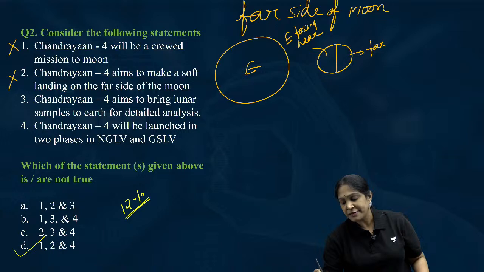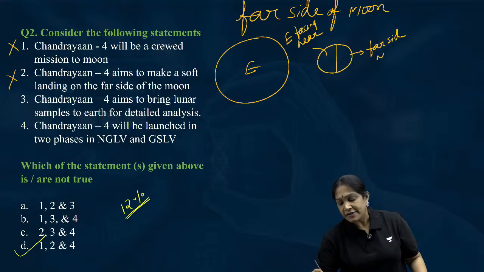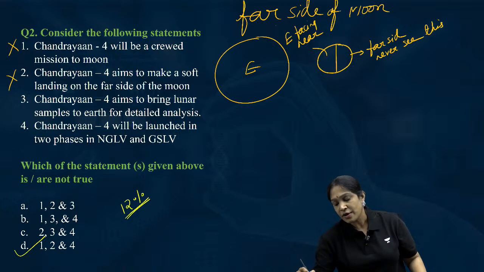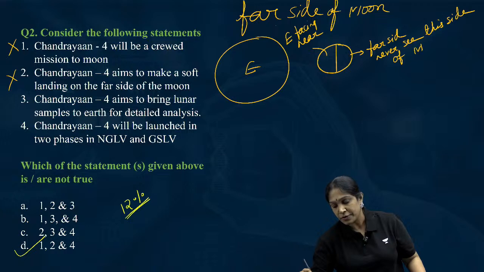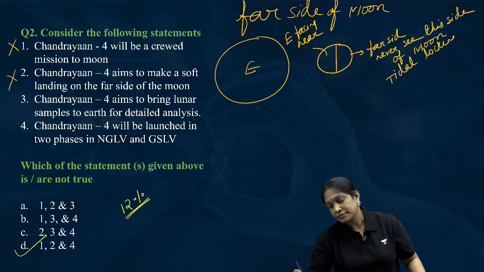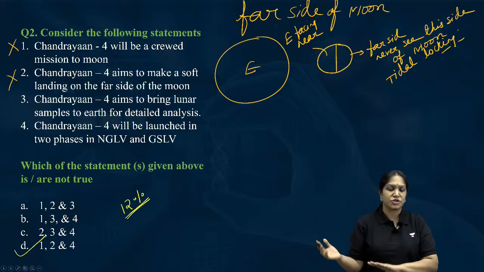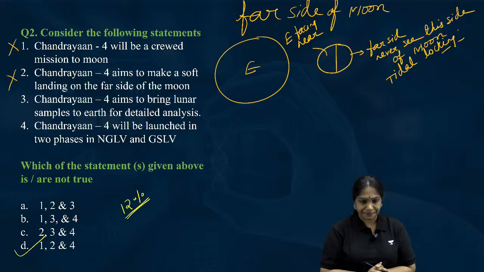This is called the far side, and we never see this side of the moon because of a phenomenon called tidal locking. If you want to know what tidal locking is, that is some other situation not related to this question.